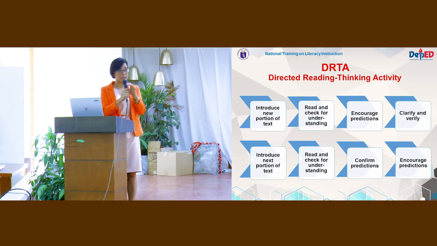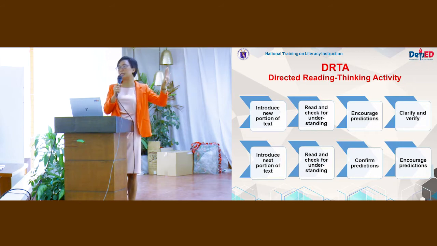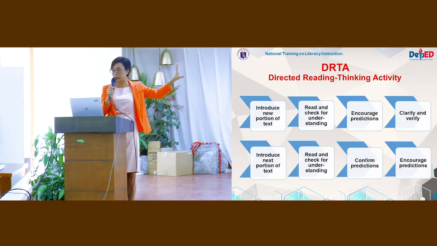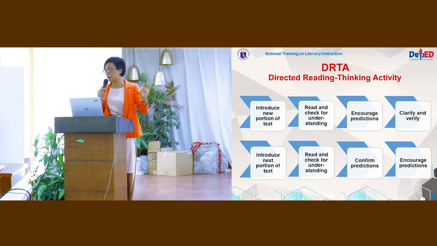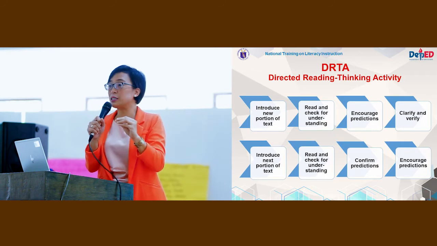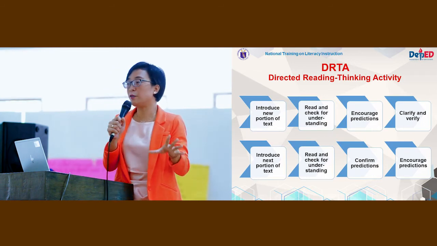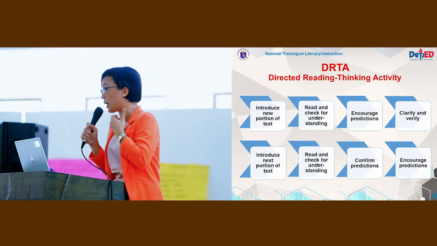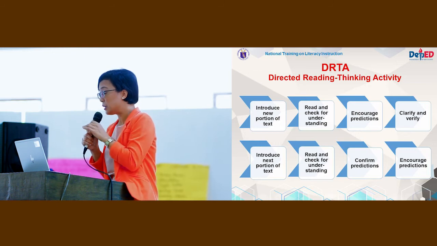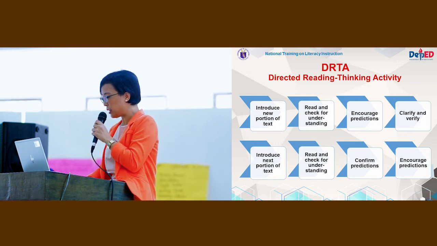Now, notice that there is a cycle of repetition. And it is this cycle which makes DRTA effective for students with learning disabilities and for some of our students who are struggling readers, right? Struggling readers.